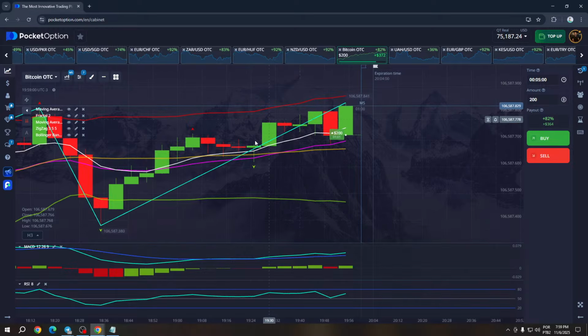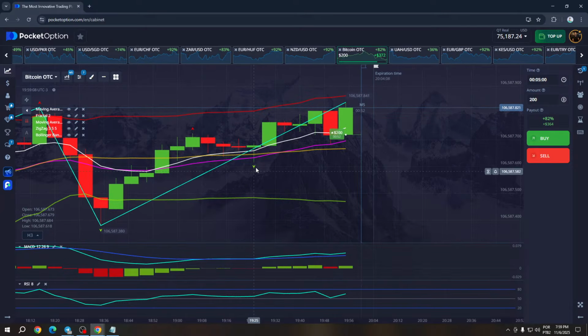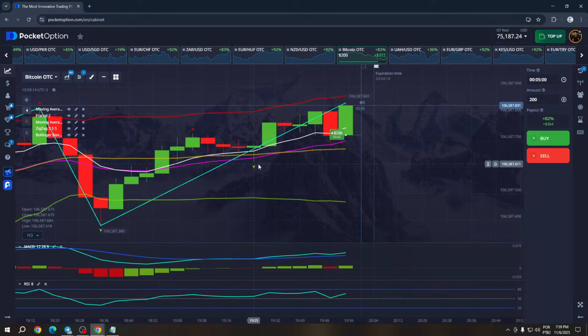I try to take a look at the trends, the Bollinger Bands, the moving average line. Sometimes I take a look at the fractal. I do not like to use fractal, but sometimes it's necessary, together with the zigzag, that helps a lot.